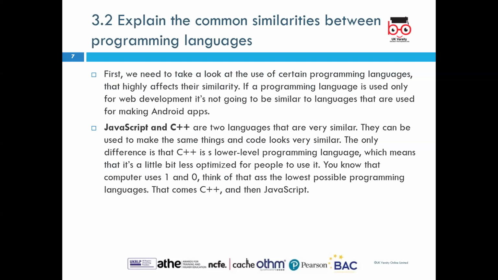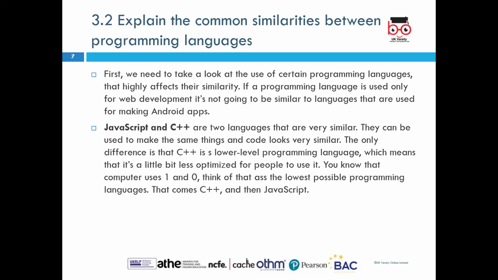So now we're going to explain the common similarities between programming languages. Again, the video explained to us the difference between our high-level programming languages that work either with a compiler or with an interpreter. We've looked into interpreter ones, which are Python and JavaScript, but at the same time, we still have similarities between our compiler programming languages and our interpreter ones.